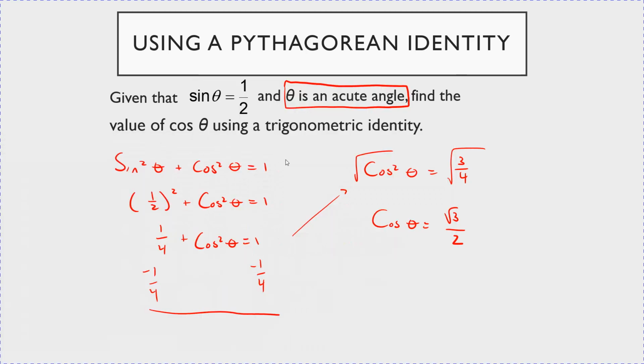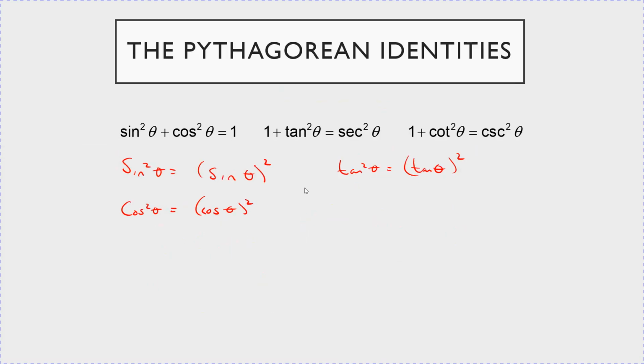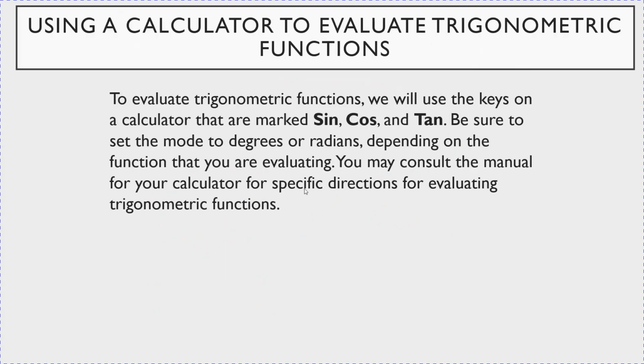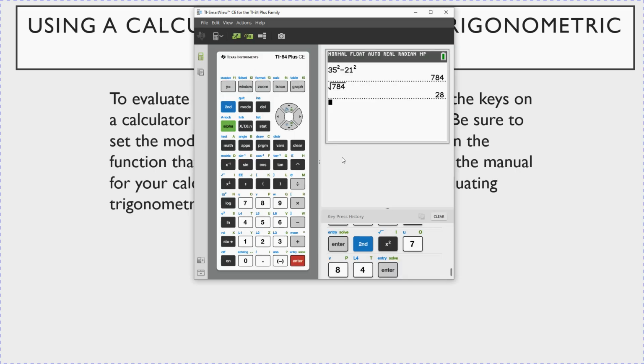Okay, now that we've worked an example with this Pythagorean identity, let's talk about how you're going to use your calculator to evaluate trigonometric functions. As we go through this, have your graphing calculator handy. You see right on your calculator that it has sine, cosine, and tangent.